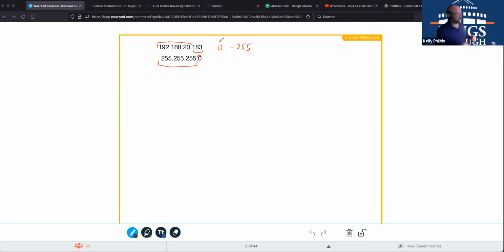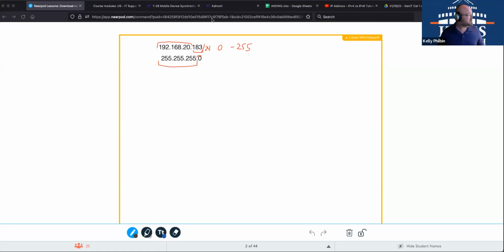So what if I wanted to break this down into a smaller network? And remember how we can notate this. This is also a /24, right? /24. So that lets us know that it is a CIDR subnet.